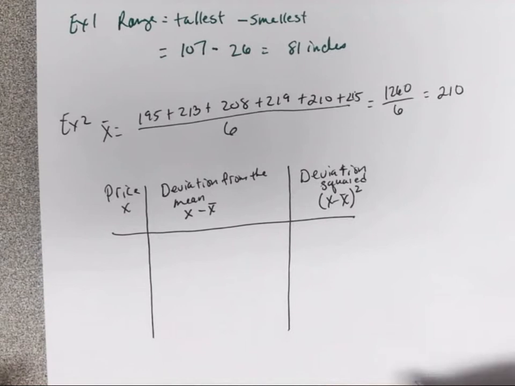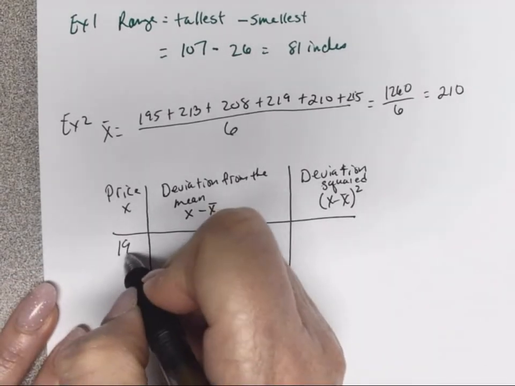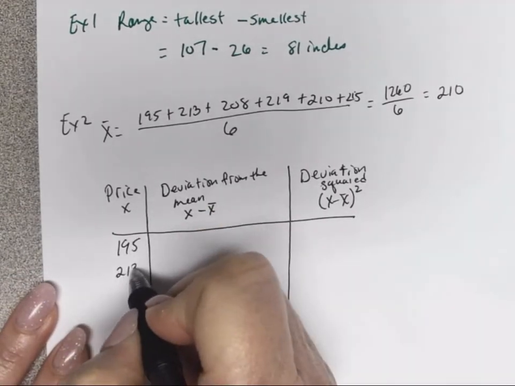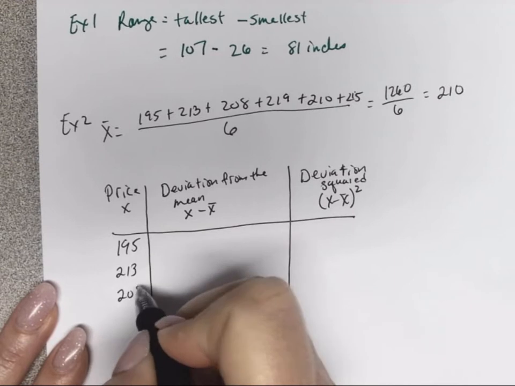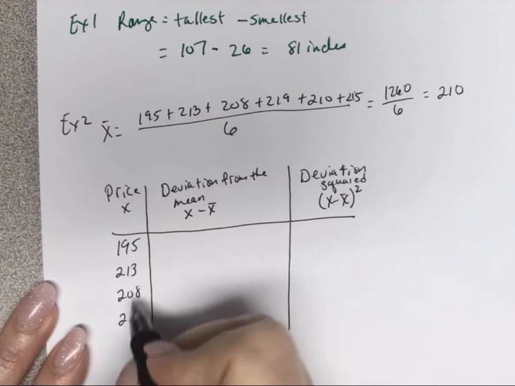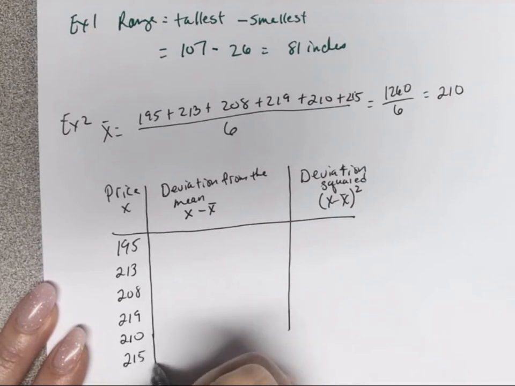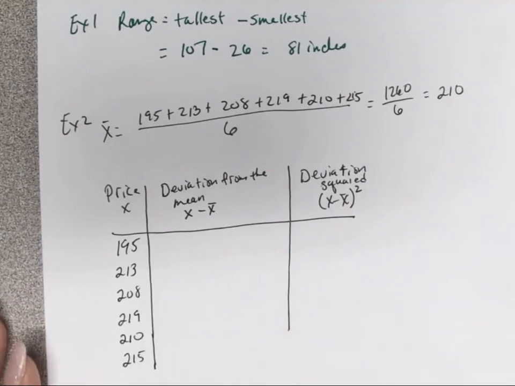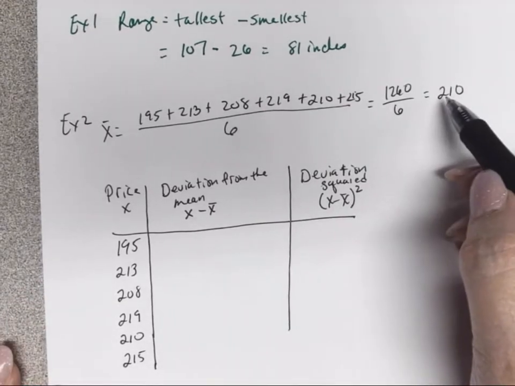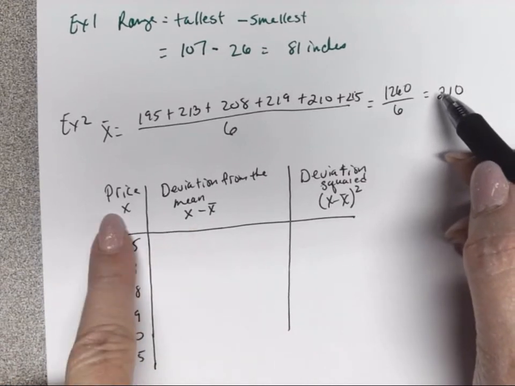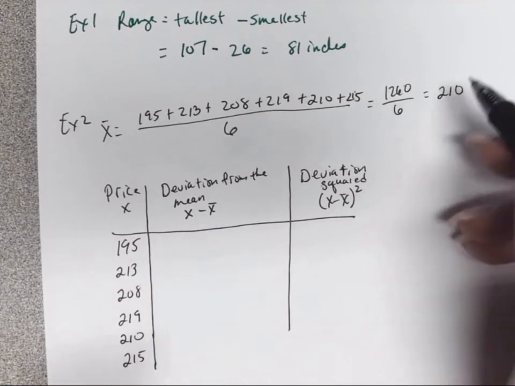Alrighty, so our prices are 195, 213, 208, 219, 210, and 215. Now what we're going to do is take our x and subtract our x bar.